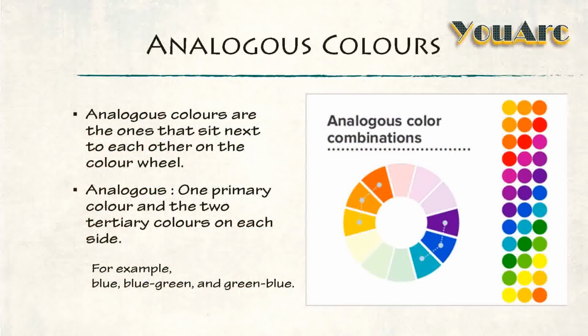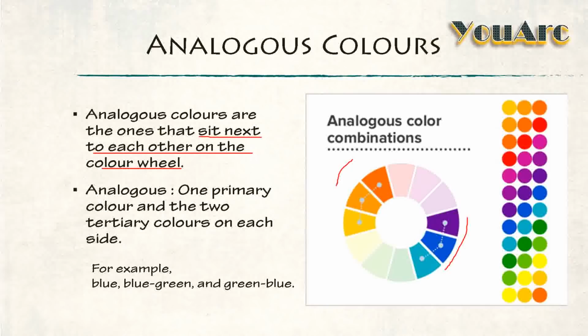Analogous colors are the colors that sit next to each other on the color wheel. So we also consider them as friends because they exhibit the same character. An analogous color combination exhibits either a warm color effect or a cool color effect.